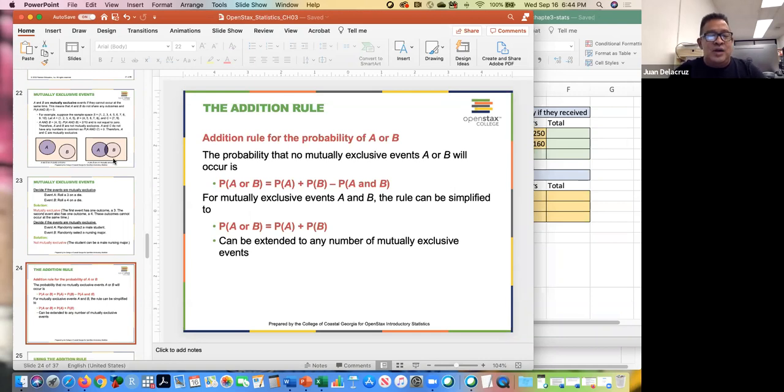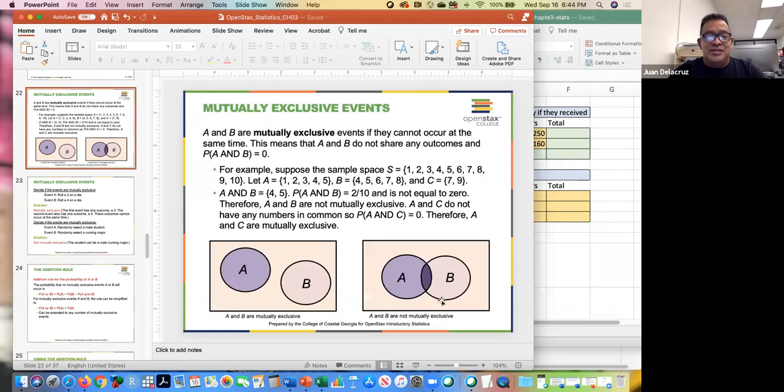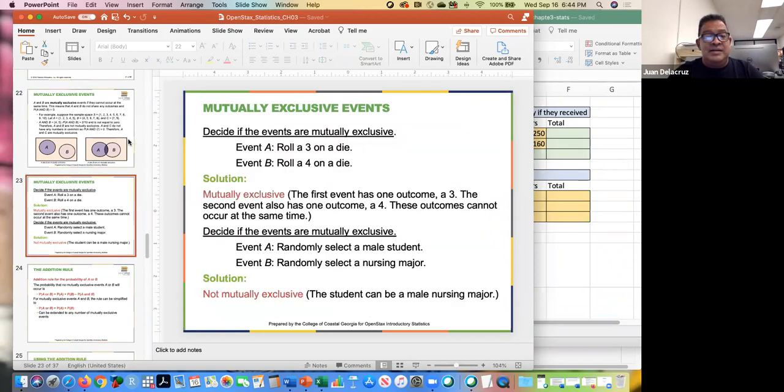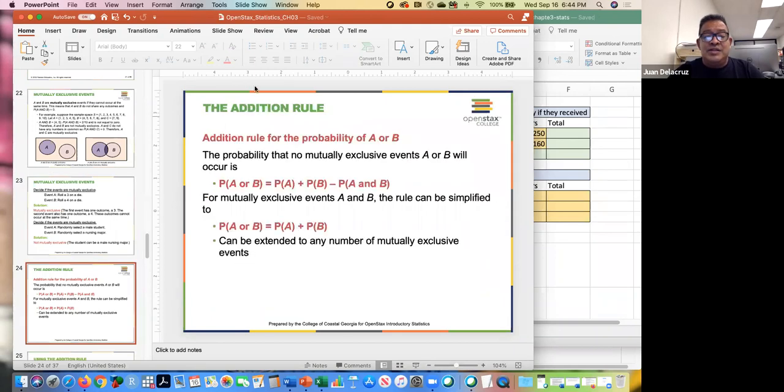So when I mentioned here, this is not the intersection, it's union. We are going to see that in our Venn diagrams. To summarize this, the addition rule for not mutually exclusive events is going to be the probability of A plus the probability of B, minus the probability of A and B happening together.